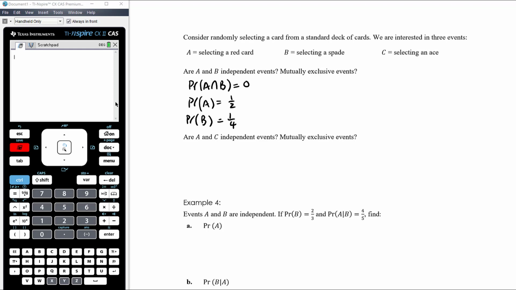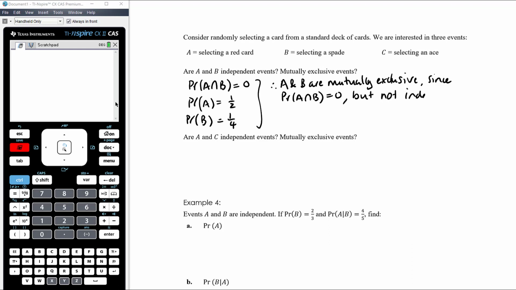And so therefore we can say A and B are mutually exclusive, since the probability of A intersection B is 0, but not independent, since the probability of A intersection B does not equal the probability of A times the probability of B. You'd have to have either the probability of A or B be 0 for them to be both mutually exclusive and independent.